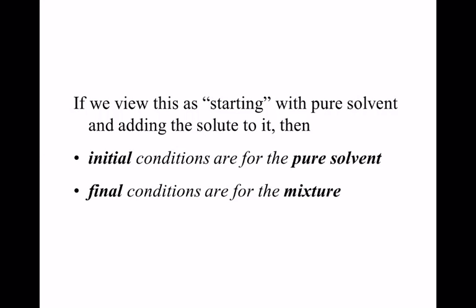When we calculate a delta P, like you saw a minute ago, deltas are always final minus initial. The initial is the pure stuff, P naught, and the final is simply P. You could make a subscript solvent if you want to.